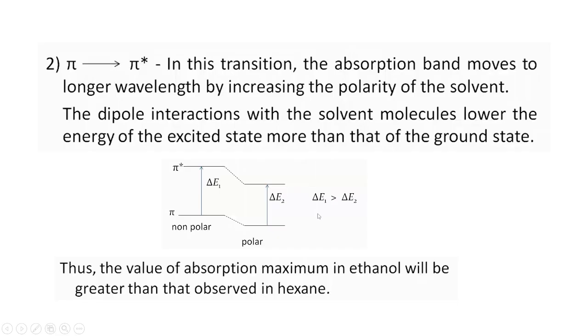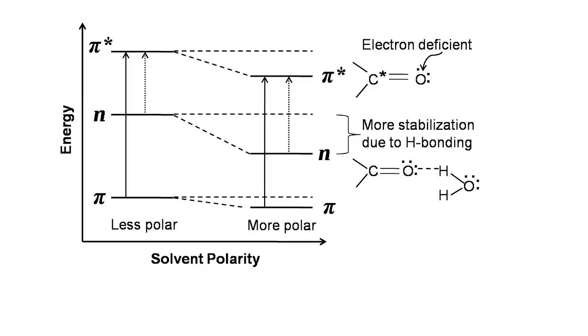That's why lambda max shifts towards the longer wavelength. Here the energy decreases. So this is the solvent effect for alpha beta unsaturated compounds, and this is the picture.